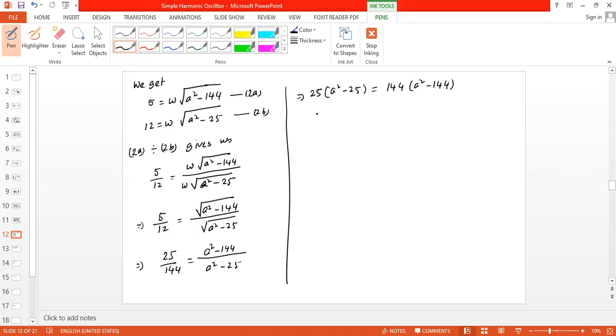So this will give us 25 times (a square minus 25) whole square equal to 144 times (a square minus 144) whole square, right? So this is basically 144 a square minus 25 a square equal to 144 whole square minus 25 whole square.